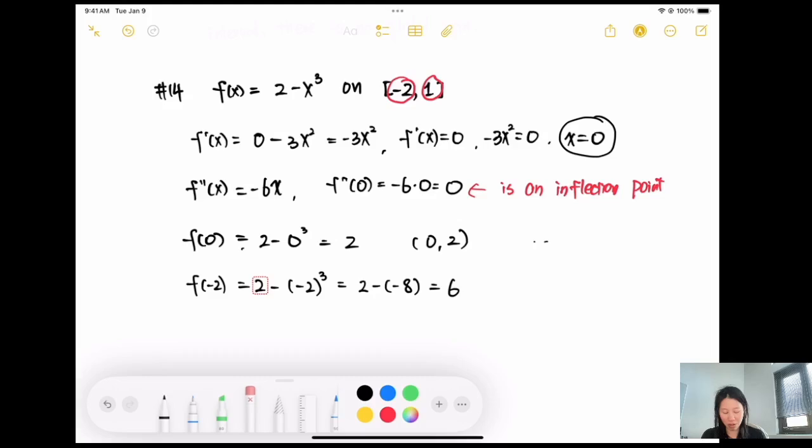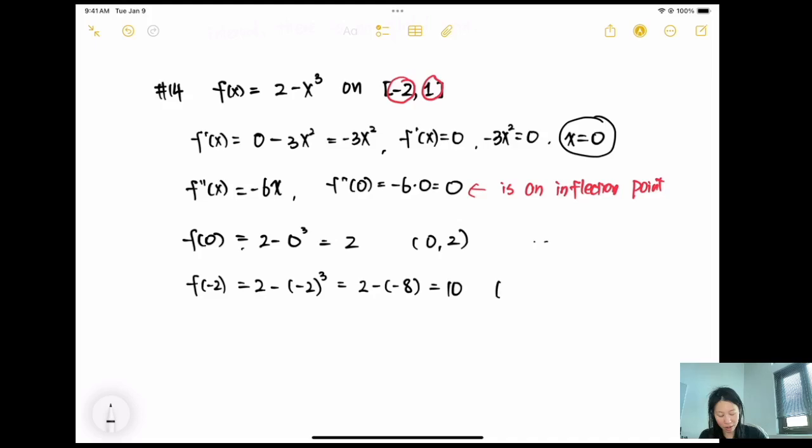Subtracting a negative number is equivalent to adding that number. So this is equal to 10. So I have -2 and 10. And the other endpoint is 1. So I have 2 minus 1 to the third, which gives you 1. So that means it's 1, 1.